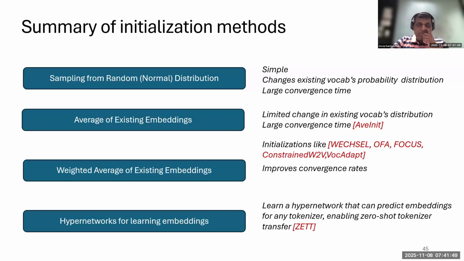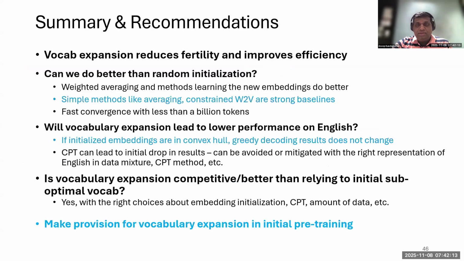Next slide, please. To summarize, we covered a bunch of methods for vocabulary initialization, ranging from sampling from random distributions, averaging methods, weighted averaging methods, and finally hypernetworks, which can generate embeddings for any tokenizer for a given network. Okay, so let's summarize what we saw to look at all the vocabulary expansion techniques and the recommendations in case we ever want to do vocabulary expansion.